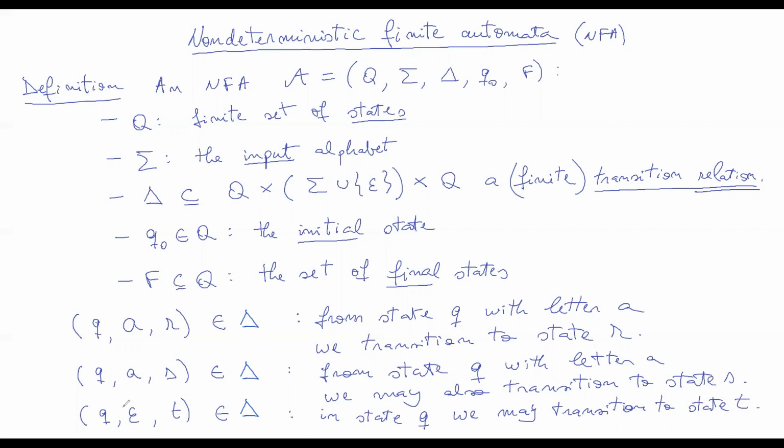So we don't read any letter. In other words, we read the empty word. We read nothing from the input word, and we just transition from state Q to state T. So this is also allowed in non-deterministic automata.